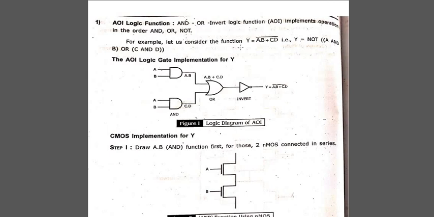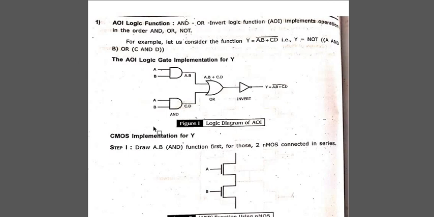Then you are doing C into D. Both are given to the OR, so we are doing the sum of these two products, A into B plus C into D. That is given to an inverter, the bar, which is nothing but the NOT gate. So Y equals AB plus CD whole bar.